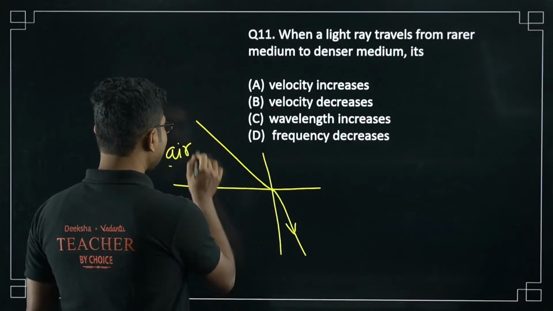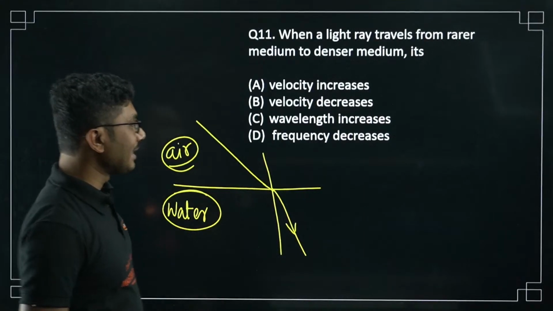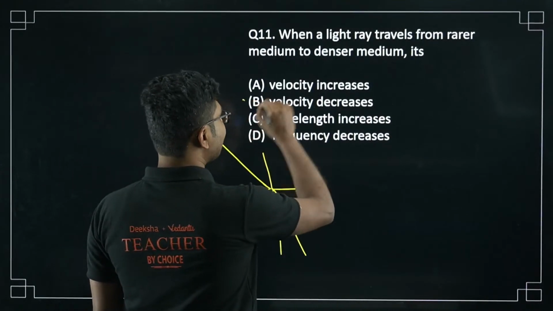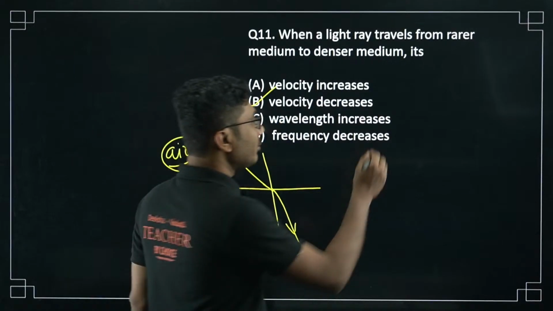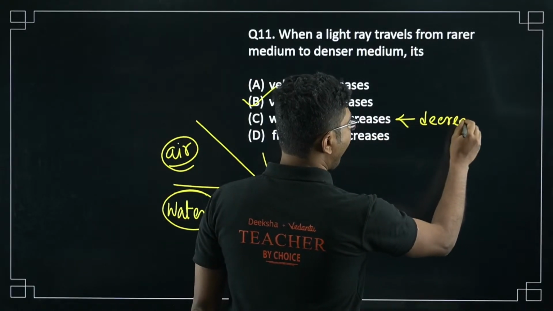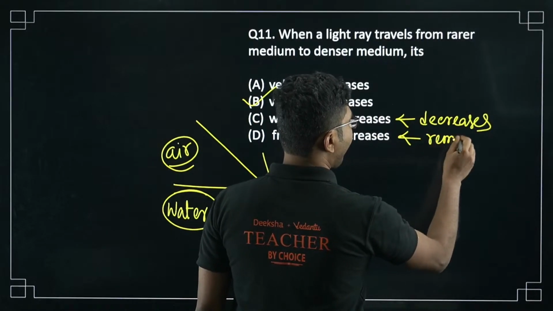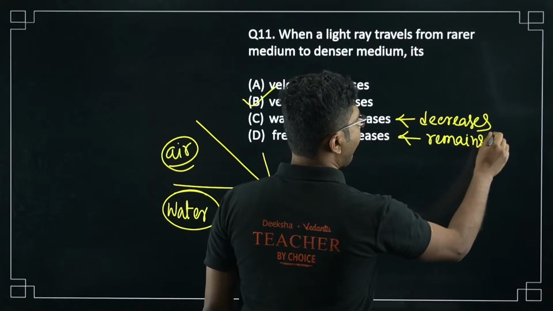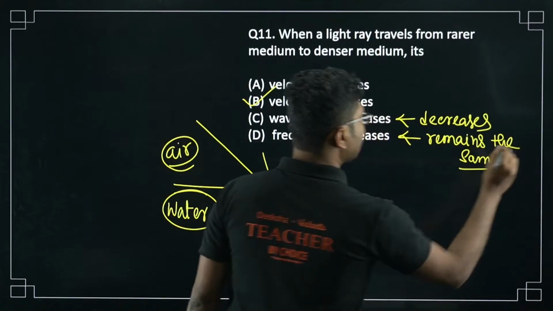So when a light ray is traveling from rarer to denser medium, the speed of light decreases, that is velocity decreases. Now you have to remember that wavelength also decreases, but frequency remains the same. These are the important points.